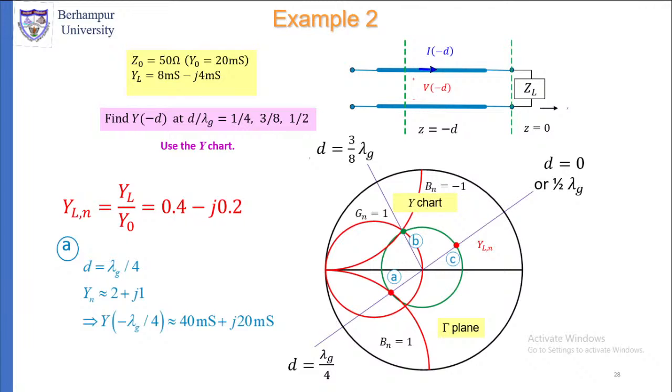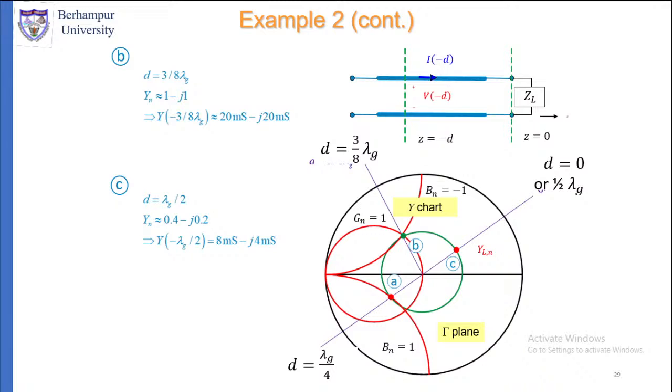So YA will be 2 plus J1. Then to get the exact value, multiply that with Y0. If you multiply that with Y0, it will be 40 millisiemens plus J20 millisiemens. So that is capacitive.